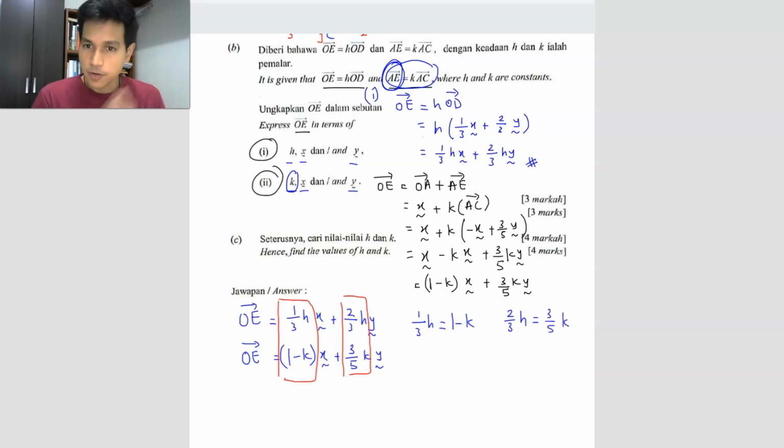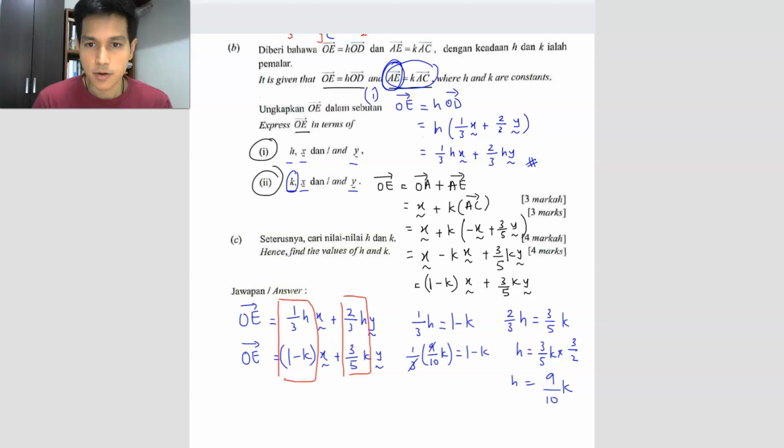So I'll find h. h is 3 over 5k times 3 over 2. So I get 9 over 10k. So this is your first equation. Substitute back into the second equation here. So you get 1 over 3 times 9 over 10k, equals 1 minus k.